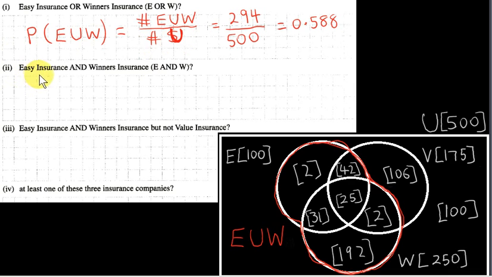In part 2, we want the probability that a random selection in the survey gives us a car owner that got quotes from E and W. So we're interested in a car owner that got quotes from both companies. Well, that's the intersection of E and W. That's this region here.